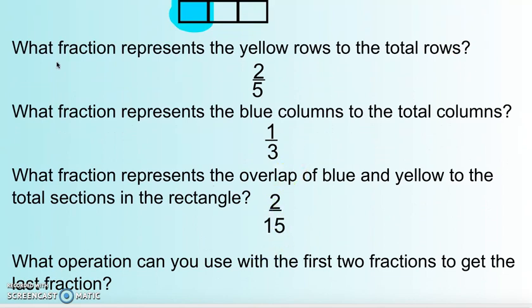So my question for you is, what can we do with these 2 fractions to get 2/15? How about look at the numerator. We got an answer of 2. Look at the numerators on top of these 2 fractions. What did we do with those numbers to get 2?